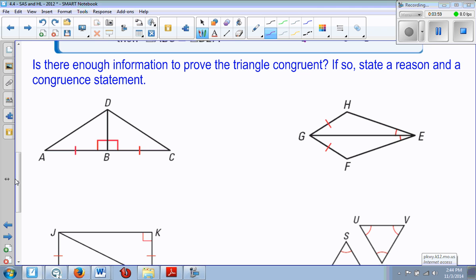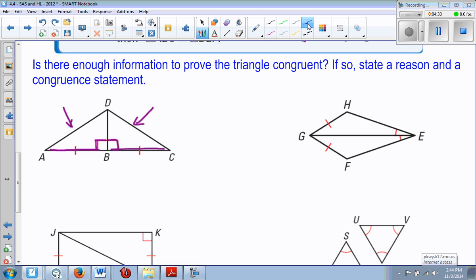So if we notice, in my picture here, I've got 2 congruences. I've got these bottom sides that are congruent, and I've also got these right angles that are congruent. So it's possible that I could be looking at HL because I've got right triangles. However, if you notice, the hypotenuse of each triangle is not something that's already pre-marked, and in order to mark those 2 side lengths as congruent, we would have to have a math reason on why they're congruent.